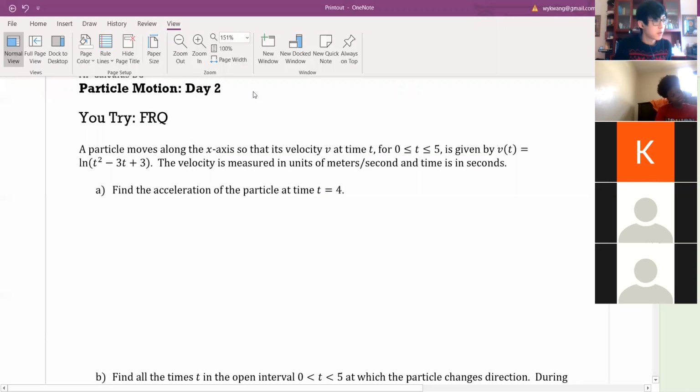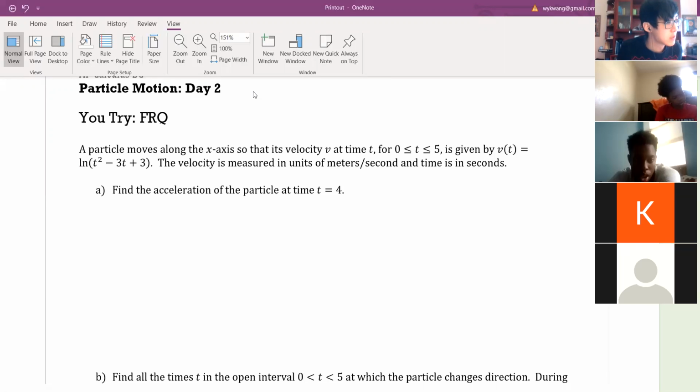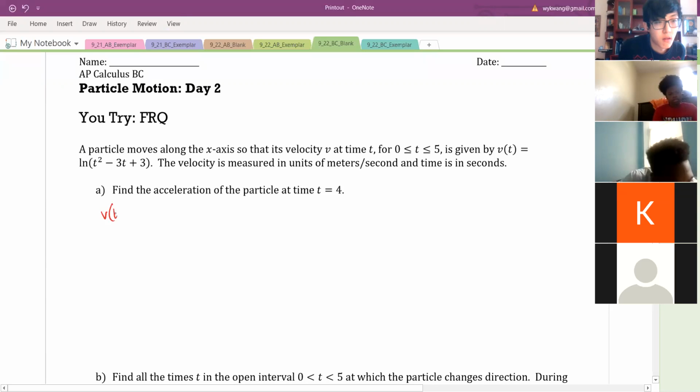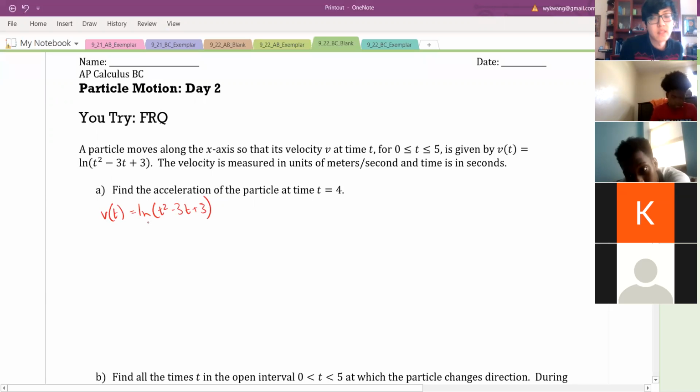Okay, Reese, could you come off mute and tell us what your first few steps were? So basically I wrote down, at first, the velocity, which is, I forgot what that sign is called. I think that's inverse log? That's natural log. Natural log, yeah.